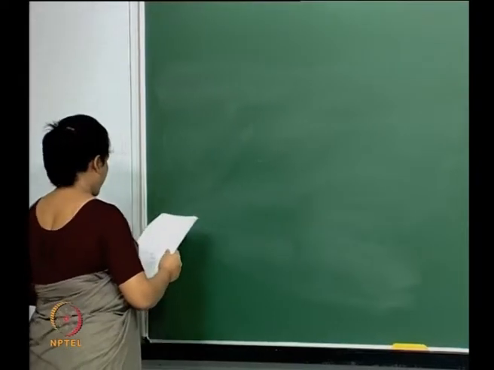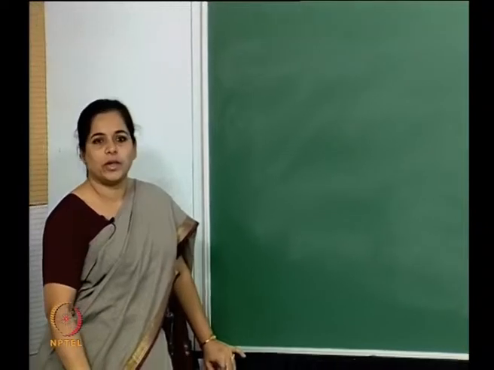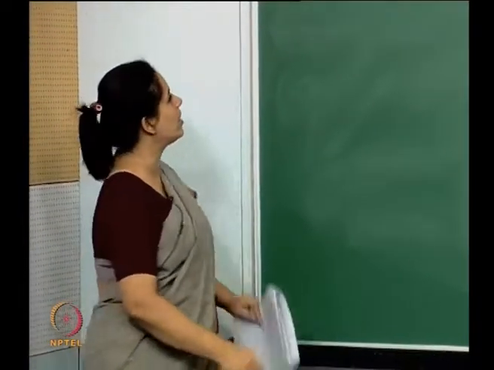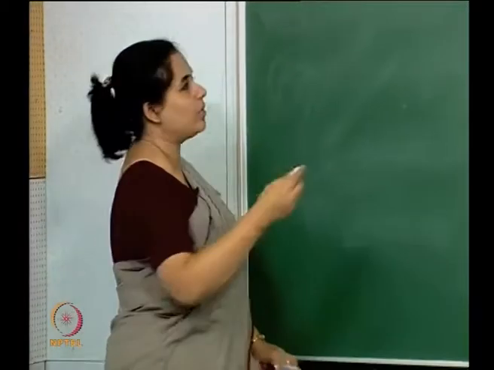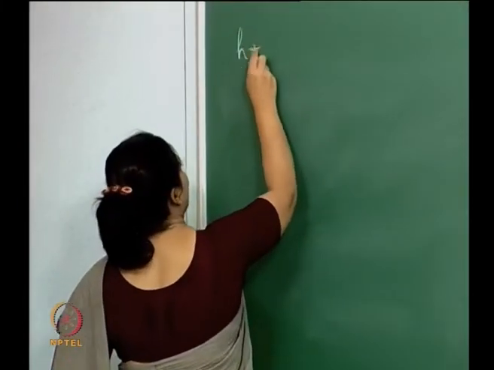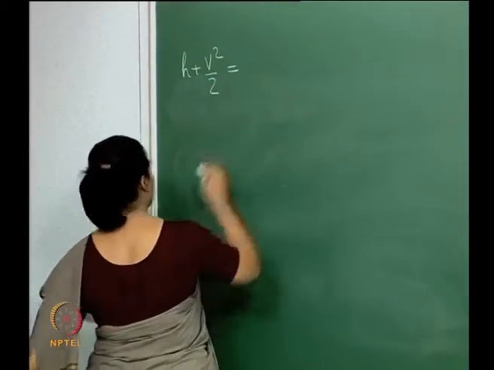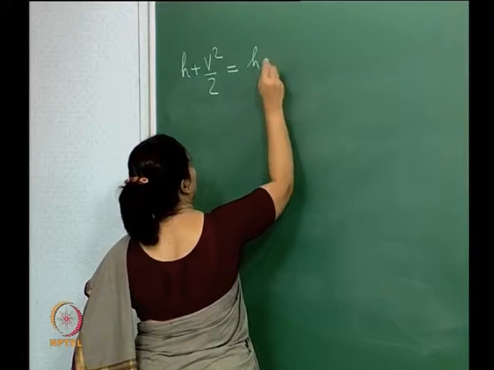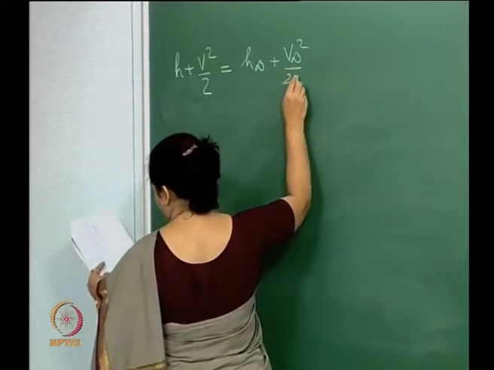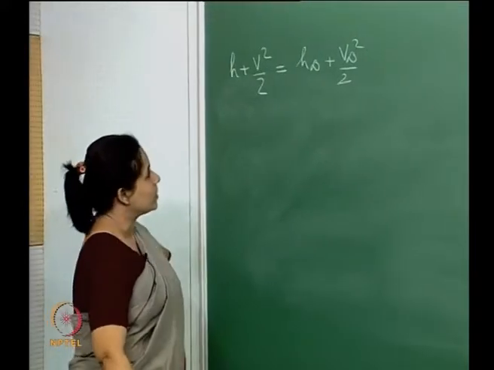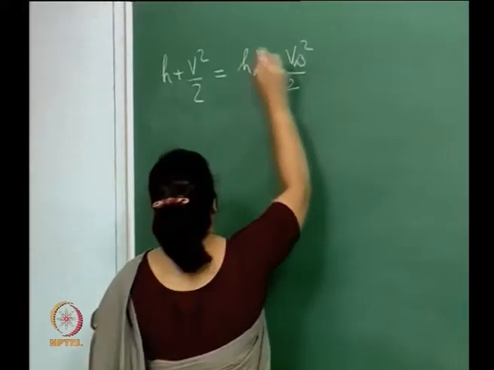Okay, so now having done this, total enthalpy here is constant. Total enthalpy here is constant. So say I take any point in the flow field. So basically what I will have is, right. So this is it. Now the reason I write this is because total enthalpy is constant.